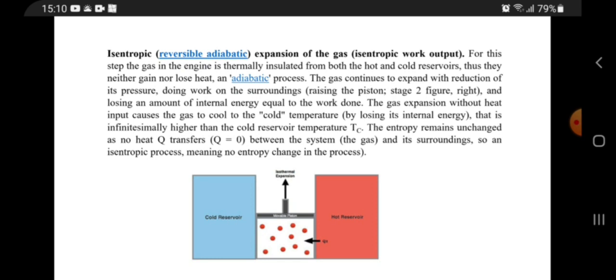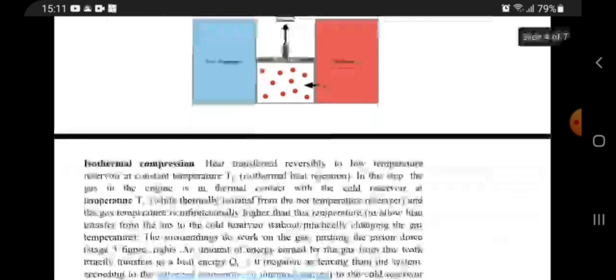The entropy remains unchanged as no heat transfer, Q equals 0, between the system, that is the gas, and its surroundings. So an isentropic process means no entropy change in the process.